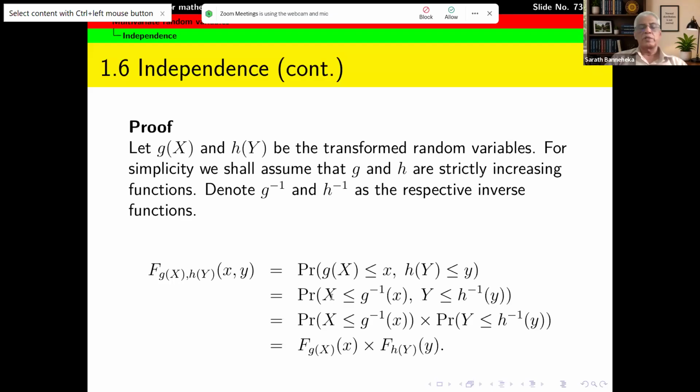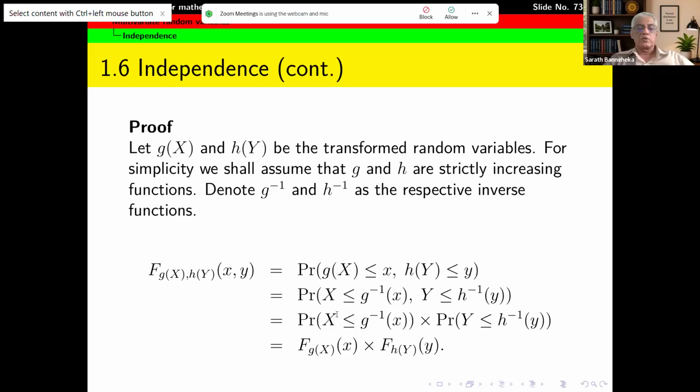Then, because X and Y are independent, this is the probability that X is less than or equal to some value, say x dash, and Y is less than or equal to some value, say y dash. So what you have here is the joint cumulative distribution function of X and Y evaluated at these values. But because X and Y are independent, that will be equal to the product of the marginal cumulative distribution functions.